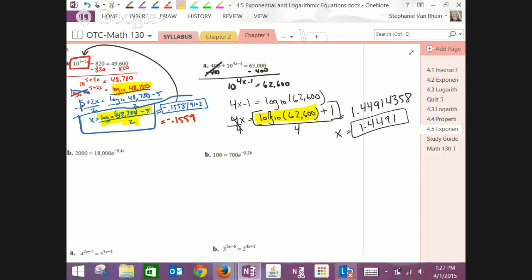Okay, so part of it is understanding the calculator and order of operations. Right? So what you did here is you said plus 1 and then just 1 divided by 4, not the whole thing divided by 4.